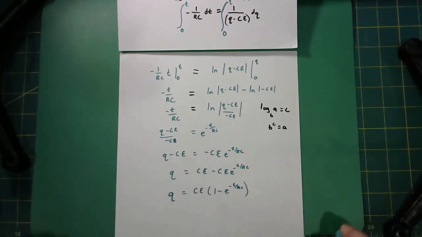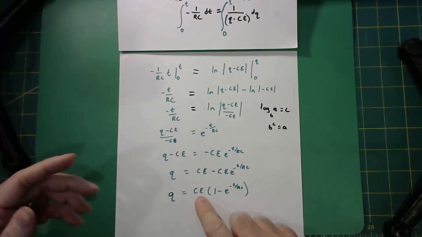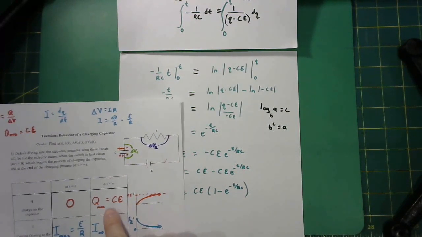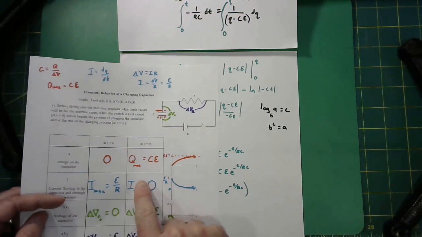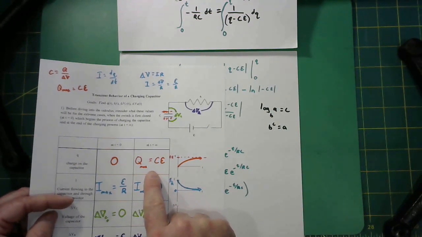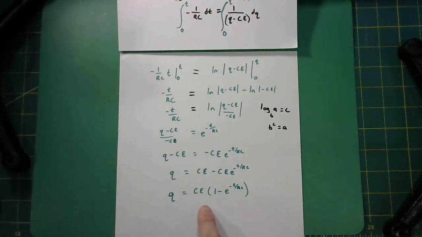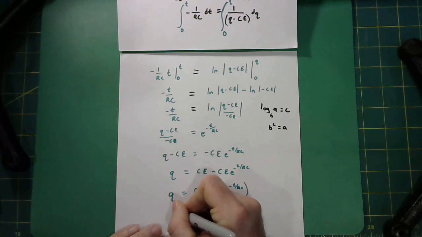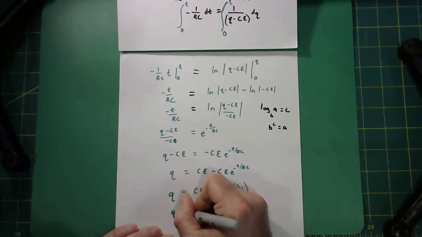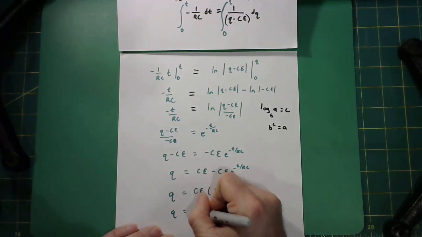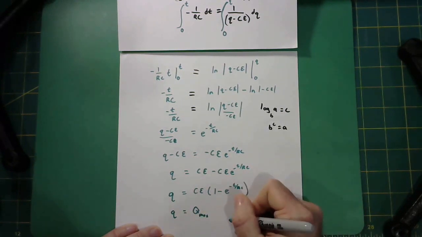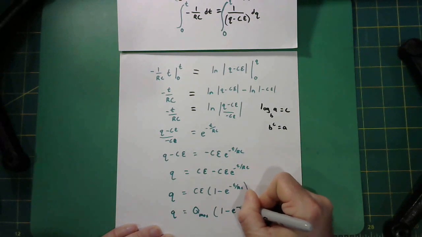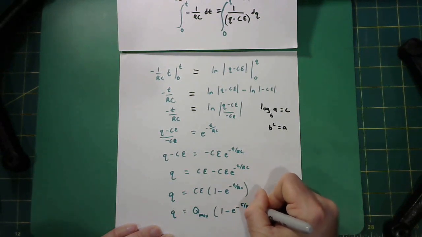Like I said, I was kind of cheating showing you that ahead of time. But here, look, this C EMF, that's the maximum charge on that capacitor plate. And so the way this equation is set up, the C EMF is really like the Q max. So my charge at any point in time is equal to the maximum charge that I'm going to get times this expression, 1 minus e to the negative t over RC.